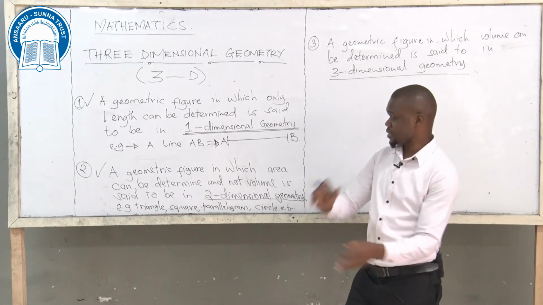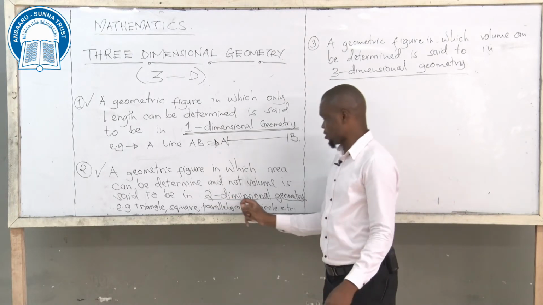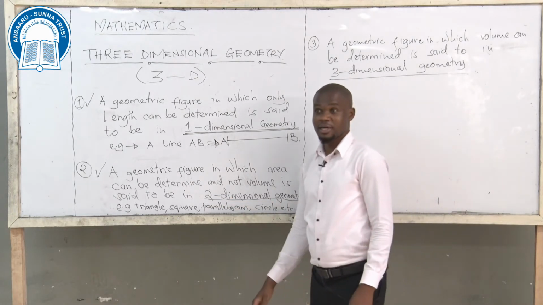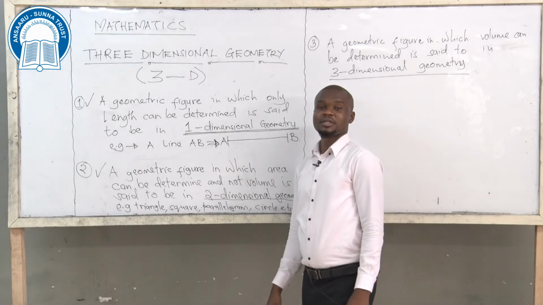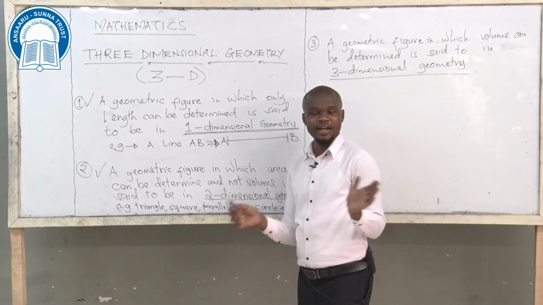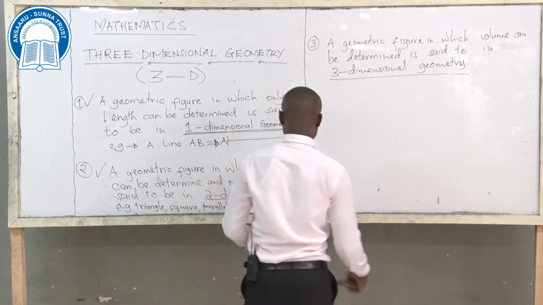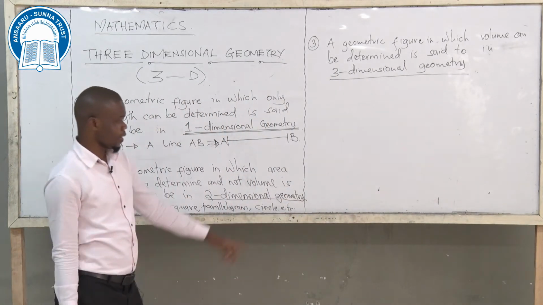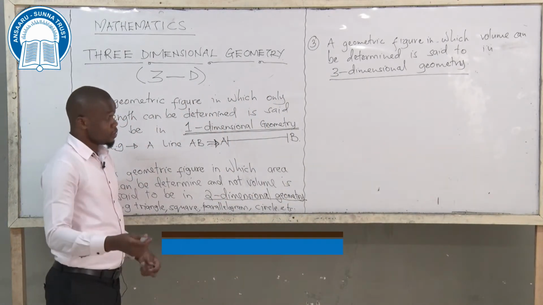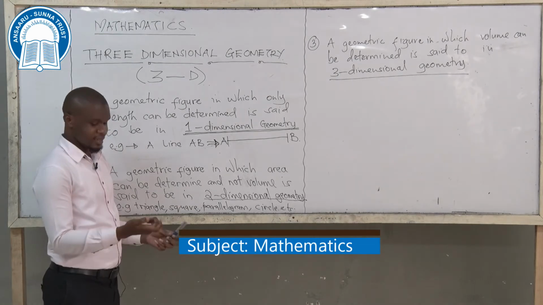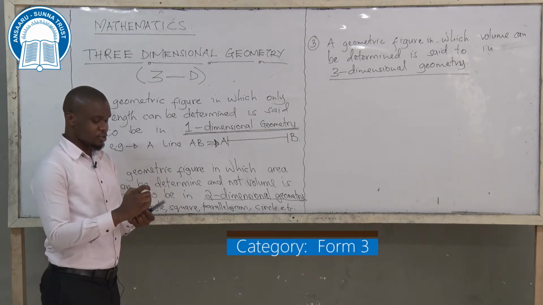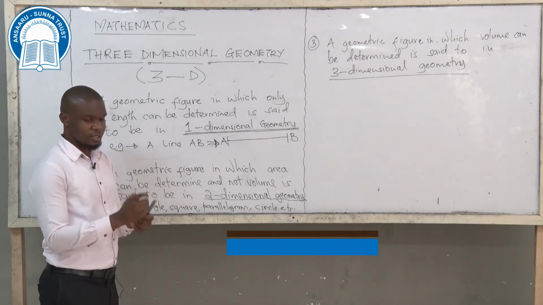But when that person tells you that you are in two-dimensional geometry, then that person is trying to tell you that only your area can be found, the region you occupy. And generally anything that has volume should be in three-dimensional geometry.